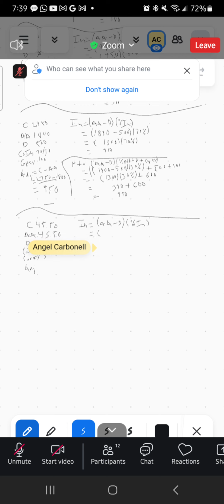The allowed amount is 4,550 minus 0 because the deductible was met or not there. Let's erase it. 0. And then we're going to multiply by, what did I write here? 60.